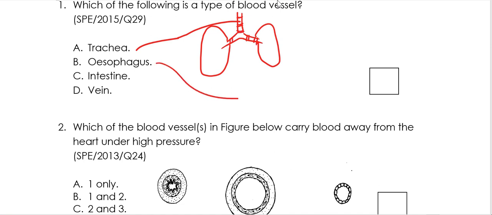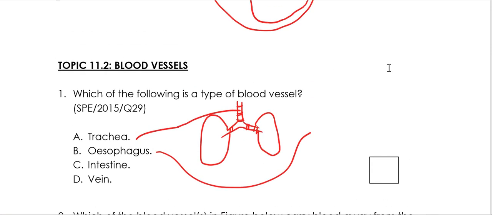The esophagus has to do with your digestive system. After the mouth area, you have a really long tube right there, and it extends to connect to the stomach.